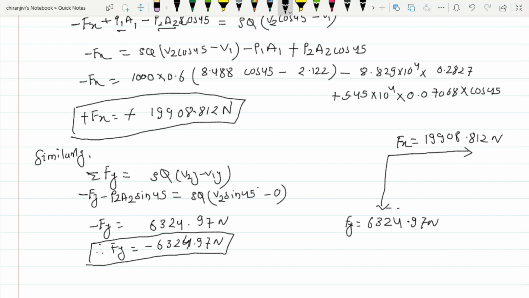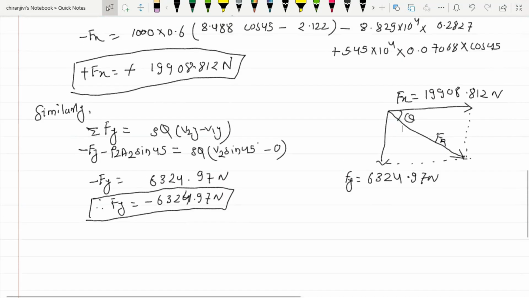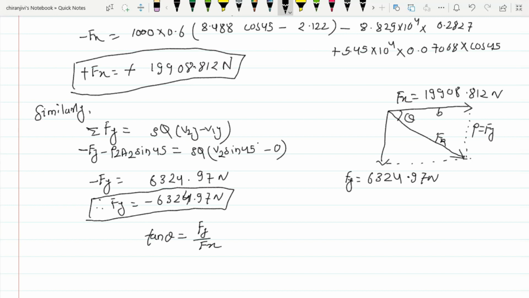Now we can find the resultant, Fr. This resultant makes angle theta with the horizontal, so we can find angle theta. Tan theta equals perpendicular over base; the perpendicular is Fy and the base is Fx. So tan theta equals Fy upon Fx. Therefore theta equals tan inverse of Fy upon Fx.